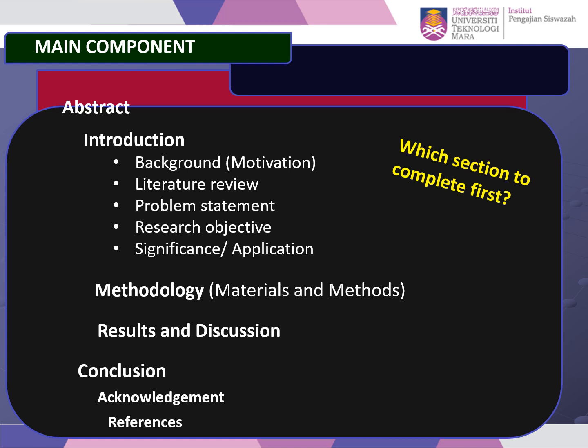Unlike a thesis, the introduction of a journal article covers the background, literature review, problem statement, research objective, and significance and applications. Of course, you also have to write the conclusion and the abstract. If you ask me which section to complete first, later on we'll discuss this.